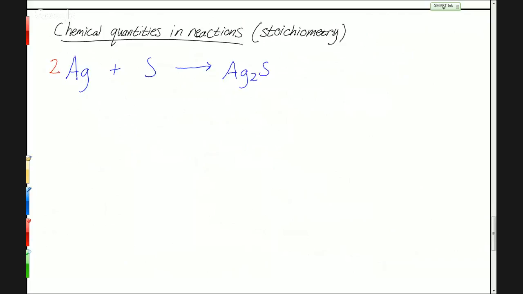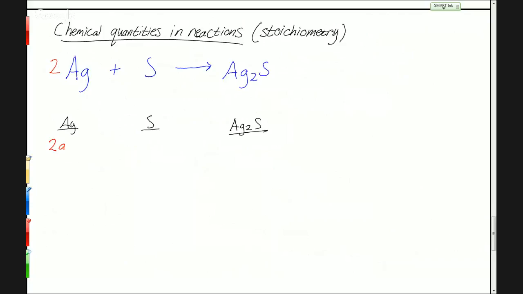So let's set up a table that shows that. We're going to say the amount of silver that we have, the amount of sulfur that we have, and the amount of silver sulfide that we have. And knowing one of these, we should be able to figure the other one out. So let's start with just looking at it from an atomic standpoint.